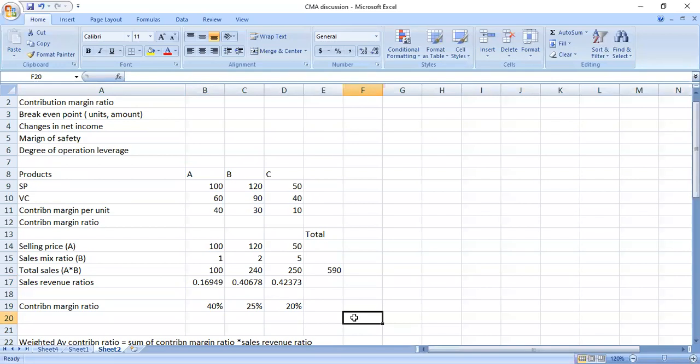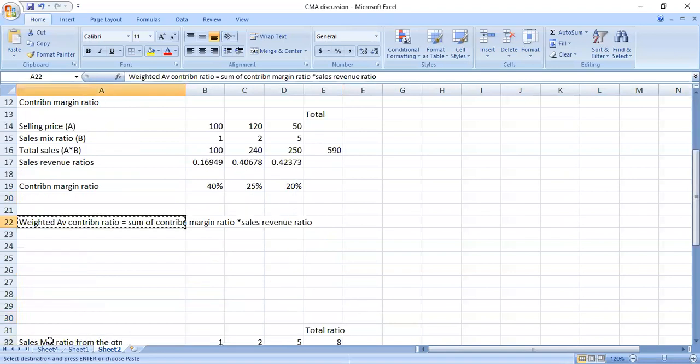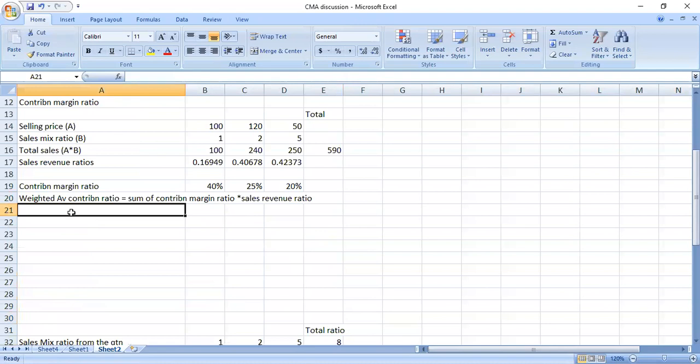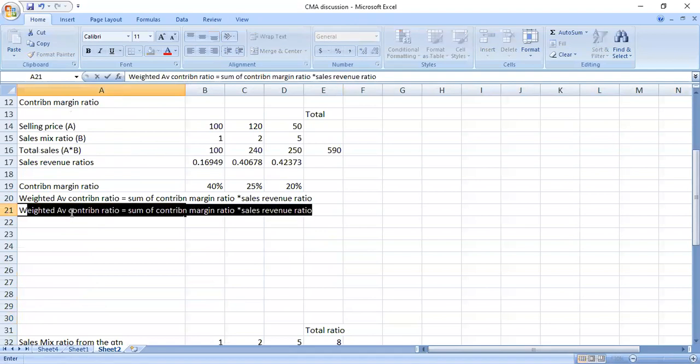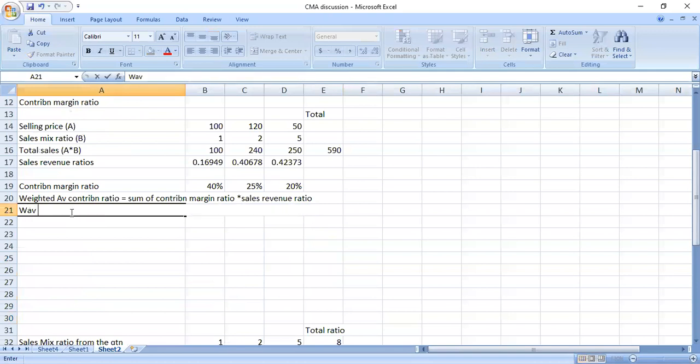Having done that, we now get our weighted average contribution margin ratio per product by multiplying the contribution margin ratio and the sales revenue ratio.